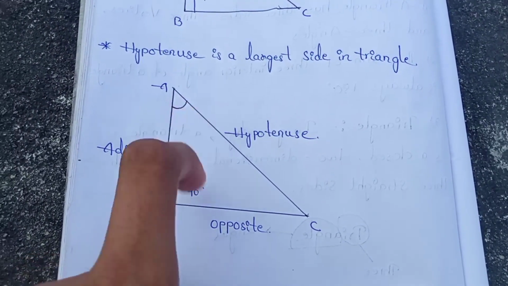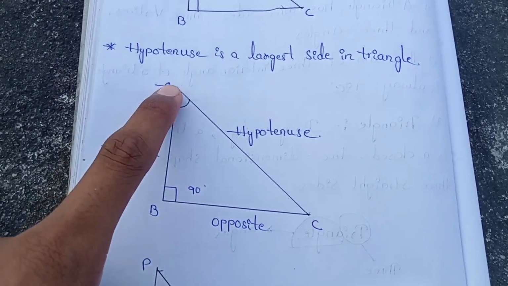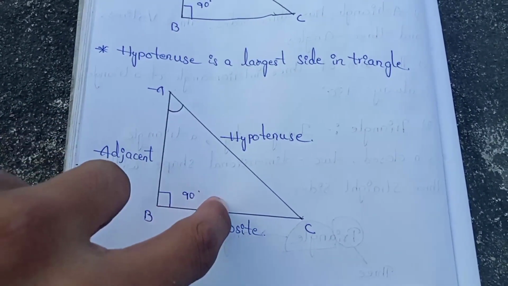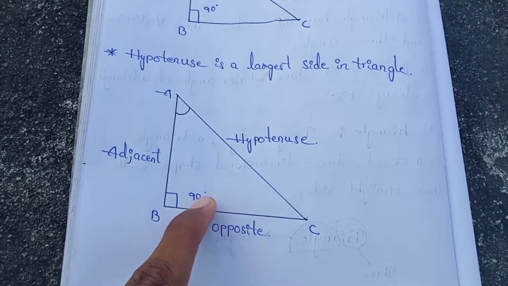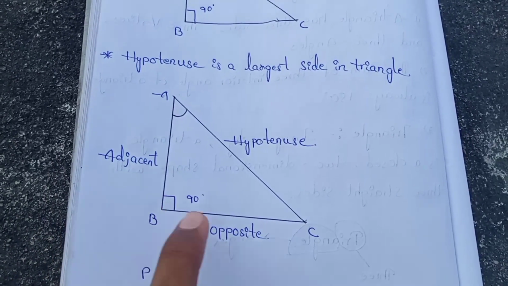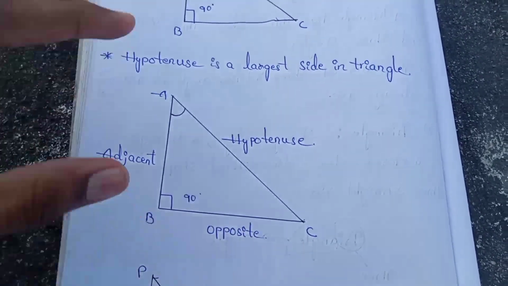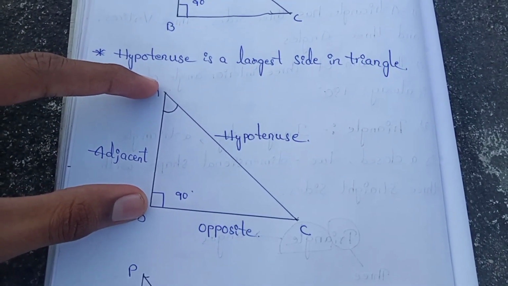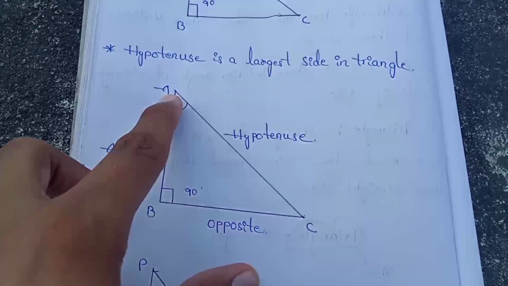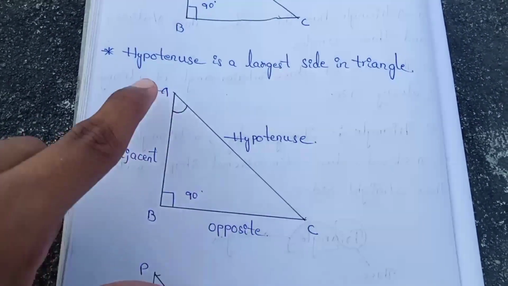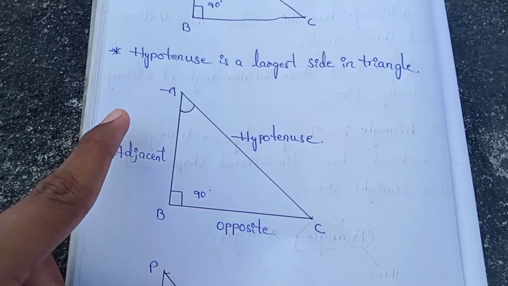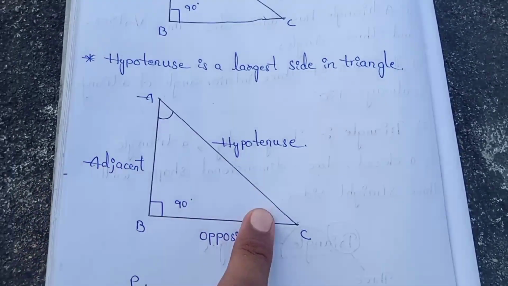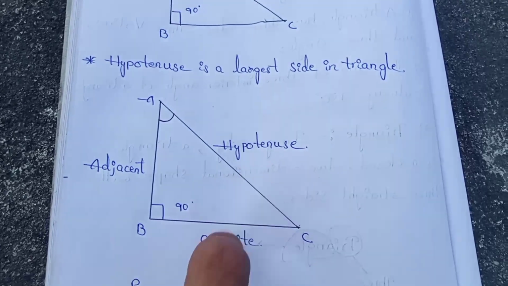For angle A, this is the opposite side and this is the adjacent side. Angle A opposite is BC. Angle A adjacent is AB. You already know that the hypotenuse is the largest side, so side AC is the hypotenuse.